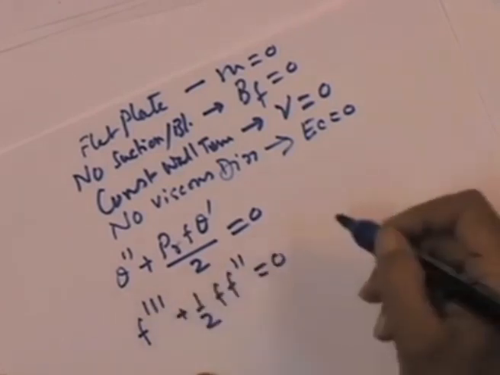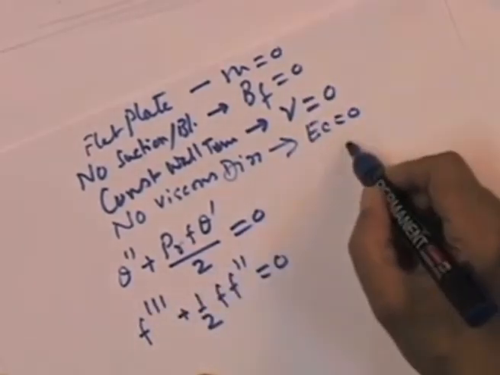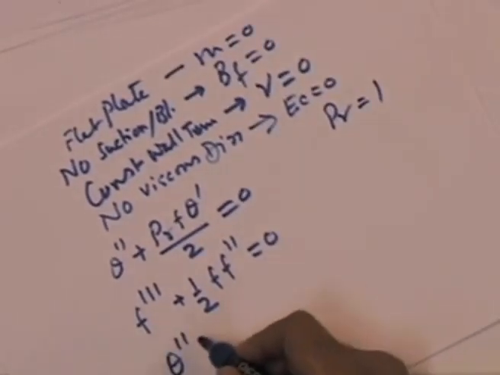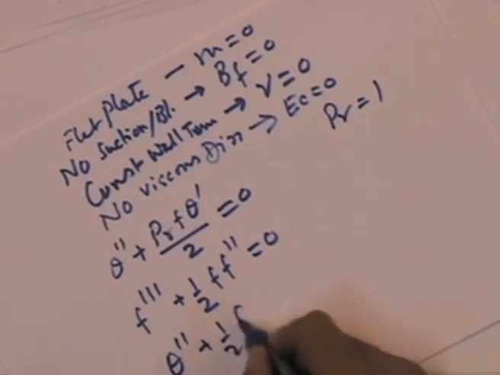So, if I now in addition say besides these that Prandtl number is equal to 1, then theta double prime plus 1 by 2 f theta prime equals 0.